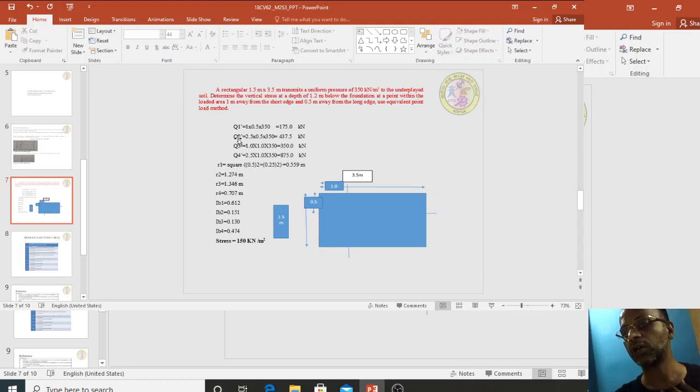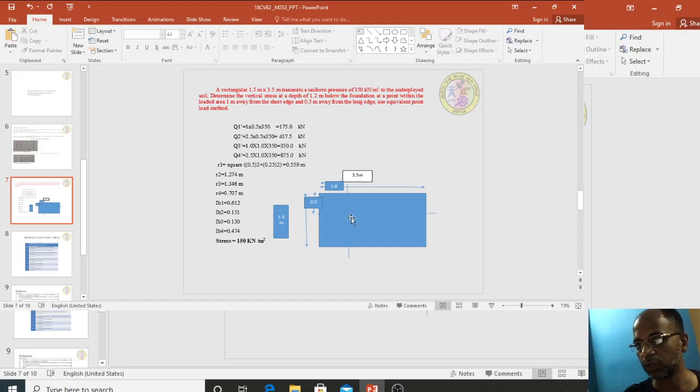Now the load from this first portion, that is 1 into 0.5, the given stress in kilonewton per meter square, multiplied by area. Q1 is equal to 1 into 0.5 into 350. Next, Q2 is equal to 2.5 into 0.5 into 350.